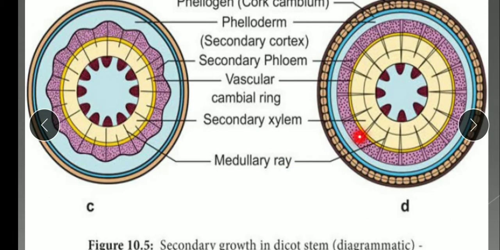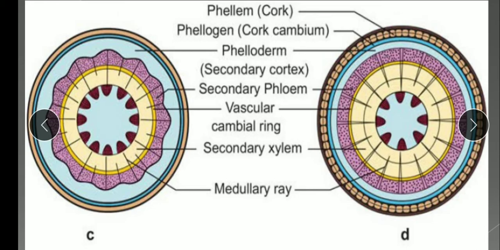A secondary protective tissue is formed by the activity of cork cambium, that is known as the phellogen. So this is the phellogen, and this phellogen is formed by some of the cells of hypodermis or the outer layer of the cortex. Here this outer layer of the cortex actually becomes meristematic, and they form this cork cambium, or we call it the phellogen.